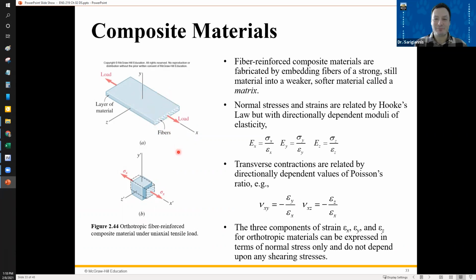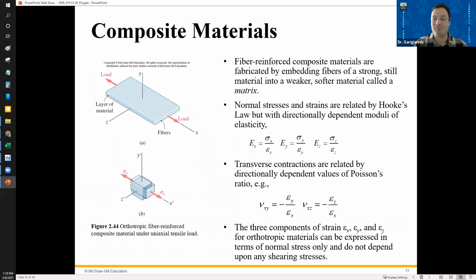Now you have to be careful. If you have normal stresses and strains, they're going to be dependent on each of these. As long as the fibers are directional, you're going to have stresses and strains that depend on the local modulus of elasticity. So there's going to be a different stress in the fiber than in the matrix material, because they have different moduli of elasticity.